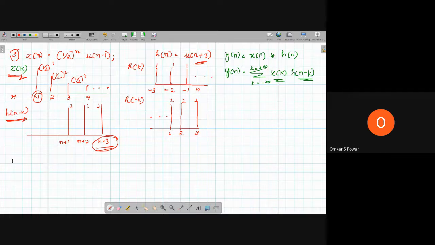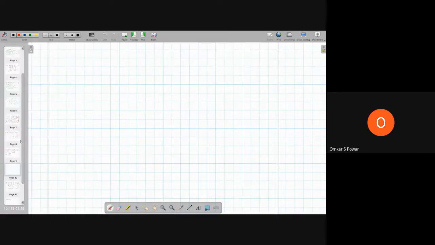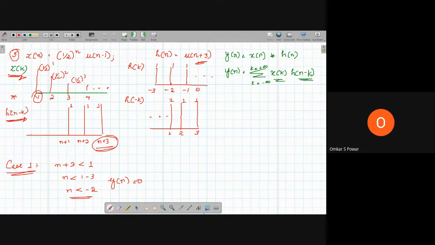Okay. So case 1 I will solve here. So case 1, when n plus 3 is less than 1. So n is lesser than 1 minus 3. So n is lesser than minus 2. Your y of n will be equal to 0. Now case 2, when n plus 3 is greater than 1. So what I will do is, I'll take it to the next page, so that it will be easy for you to understand case 2.